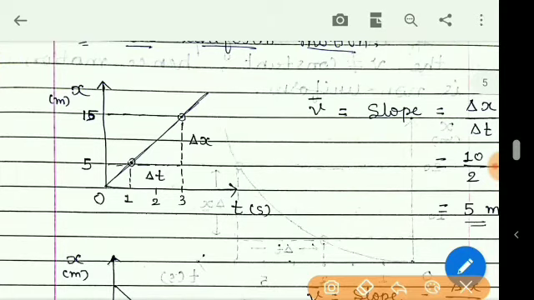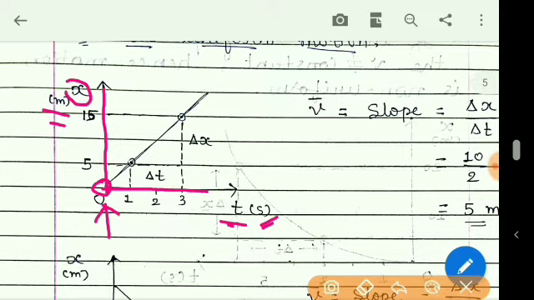So students, suppose if the particle starts its motion, and suppose if we consider its motion at time t is equal to 0, and then with increase in the time, the position also changes. Here x shows the position in meter and time is in second.